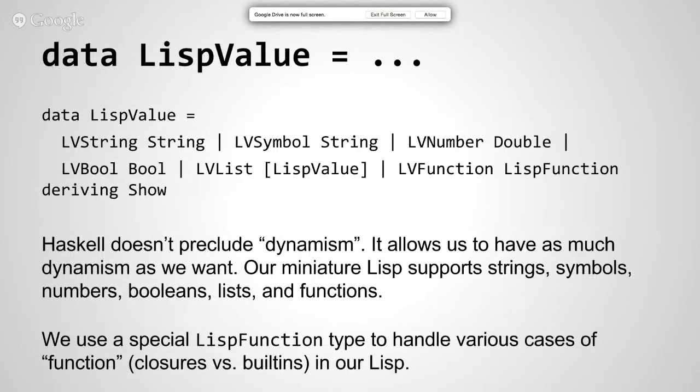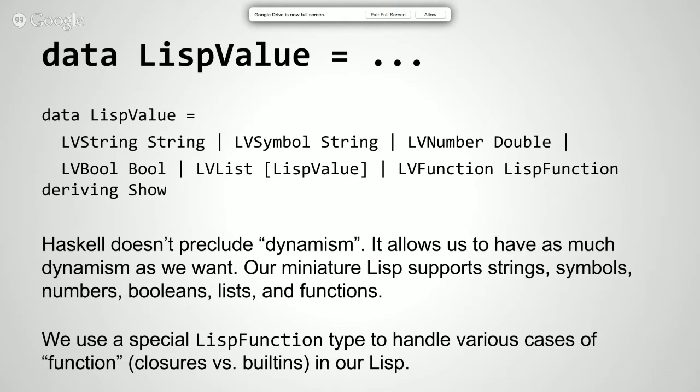The Lisp value type has a string type, LV string, that's a constructor. Another constructor, LV symbol, under the hood is a string, but it's saying, okay, I know this is a symbol. A string is a piece of data that you can operate on, whereas a symbol in Lisp is sort of this irreducible concept that maps to an atom of code.